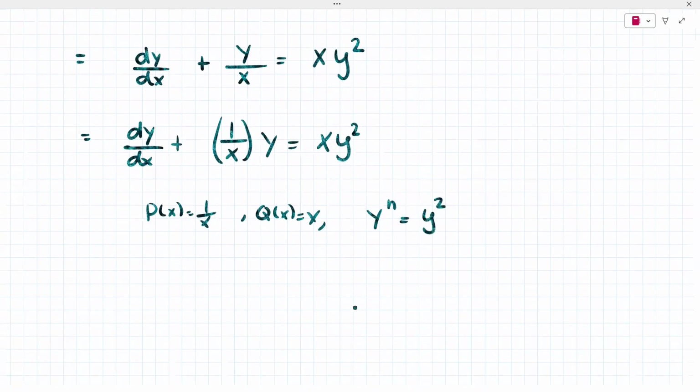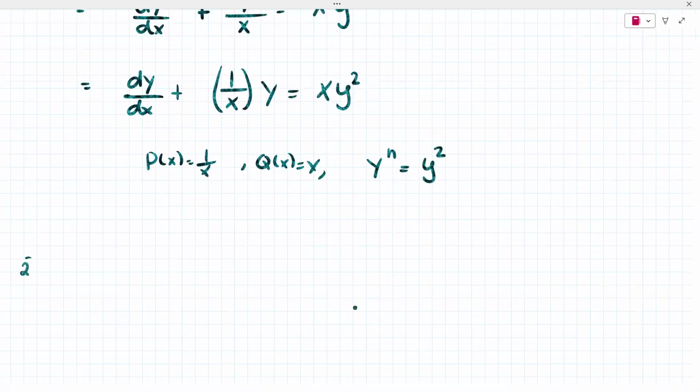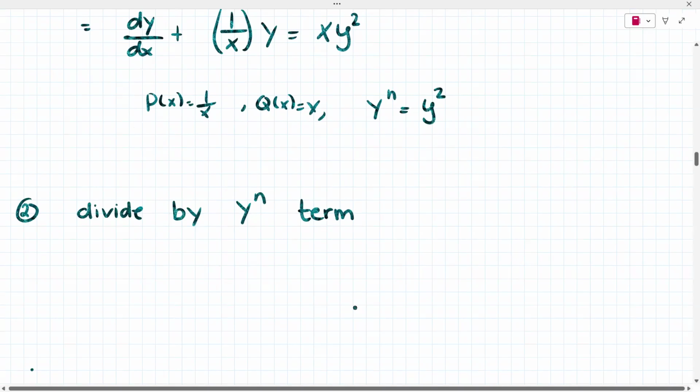Okay, now step two says divide each term by y to the n, so divide everything by y to the n. Our y to the n is y squared.